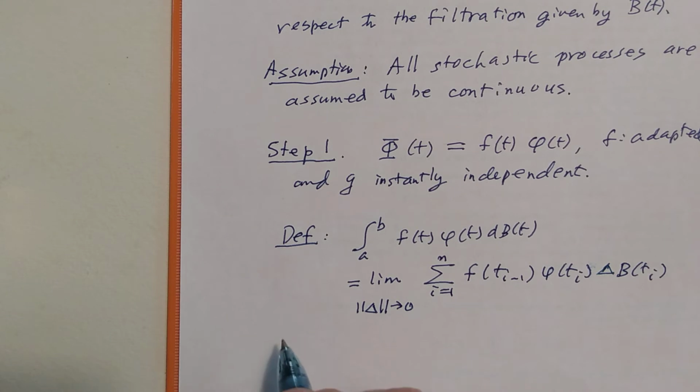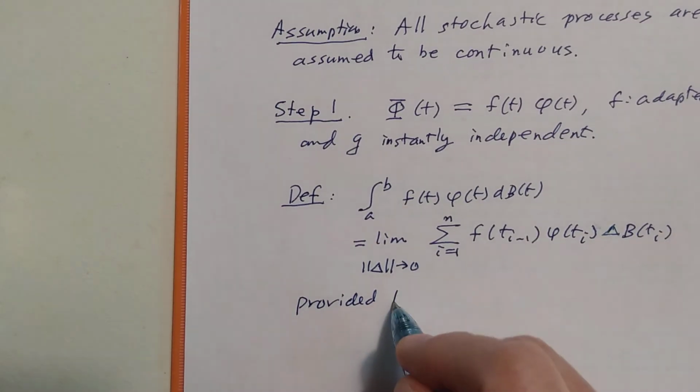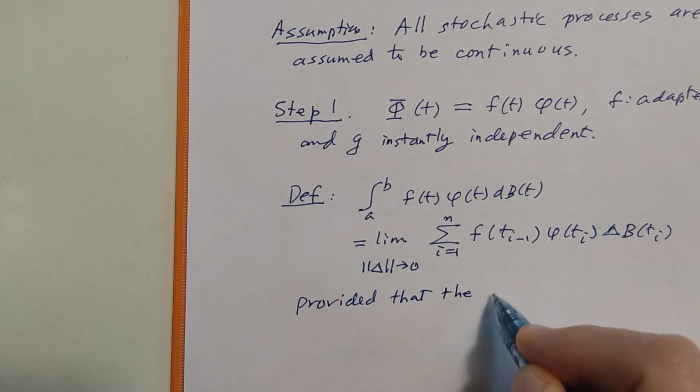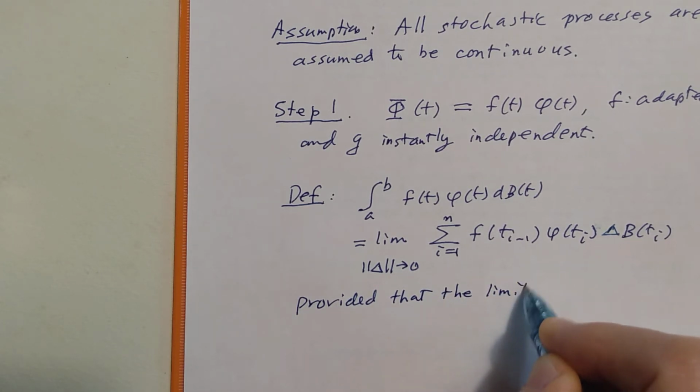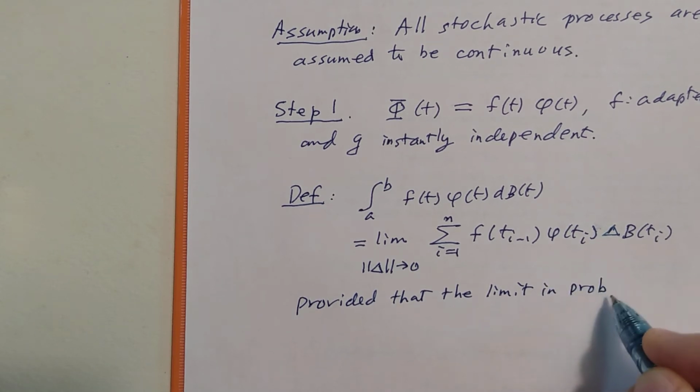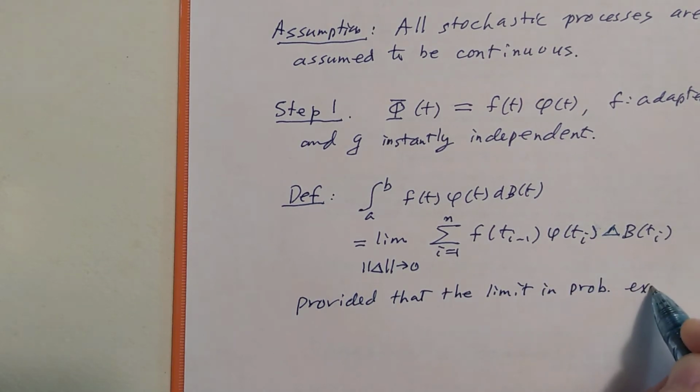This is defined to be this limit, provided that the limit in probability exists.